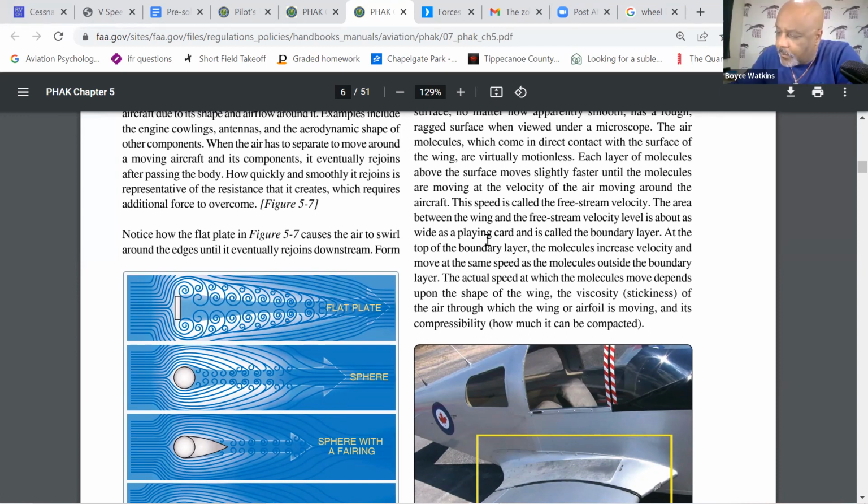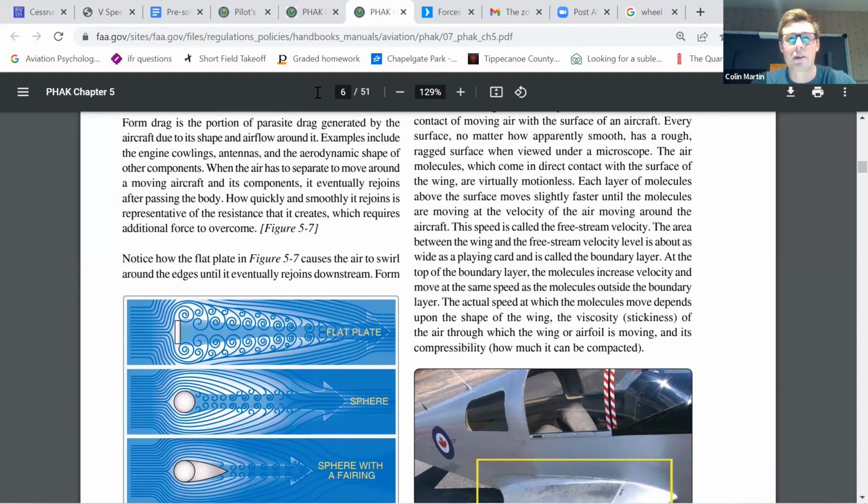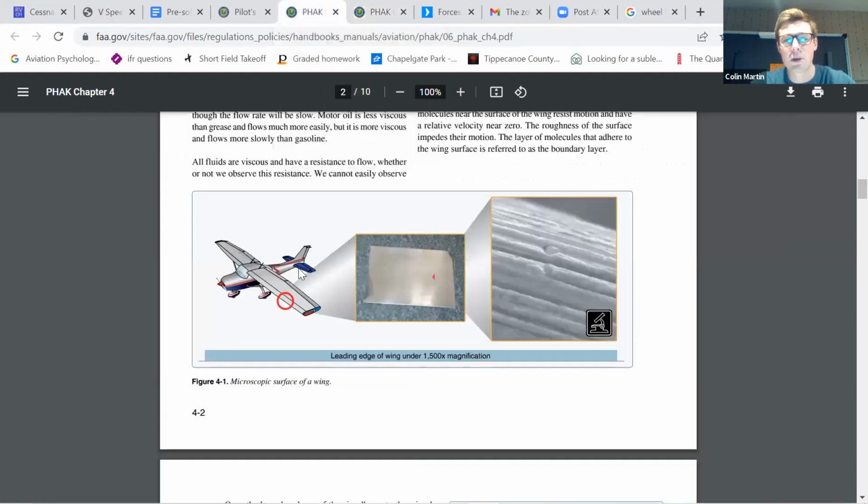Okay. And even metal will have impurities. To us it looks flat, but on a microscopic level, all these little bumps and ridges will cause some type of drag. Okay, so those are the three types of drag.